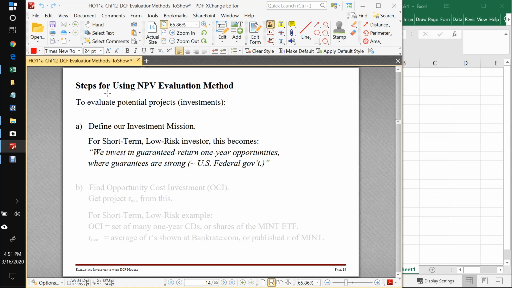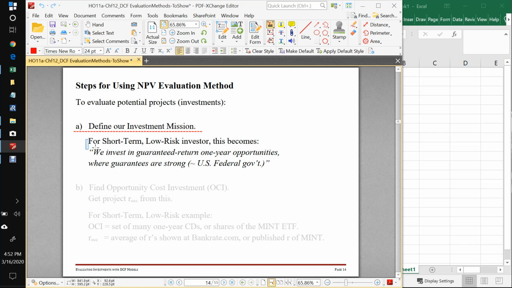So what are our steps for using the NPV evaluation method? Here's a little recipe showing step by step how we apply this. The first thing we have to do to use the NPV method is to know what our investment mission is. We have to define it, and be rigorous about it.